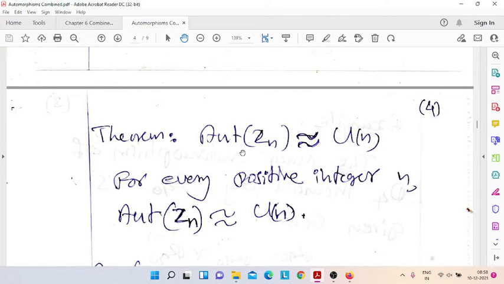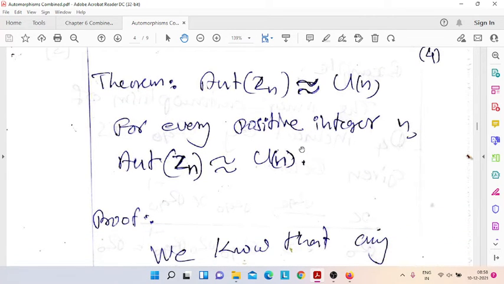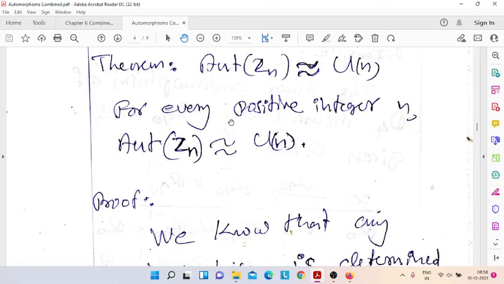So to get the automorphism group of Zn, we consider all automorphisms of Zn, and that set is considered, and we can show that it is a group by itself, and that it is isomorphic to Un. This is what we want to show in this theorem, and it is true for every positive integer n.